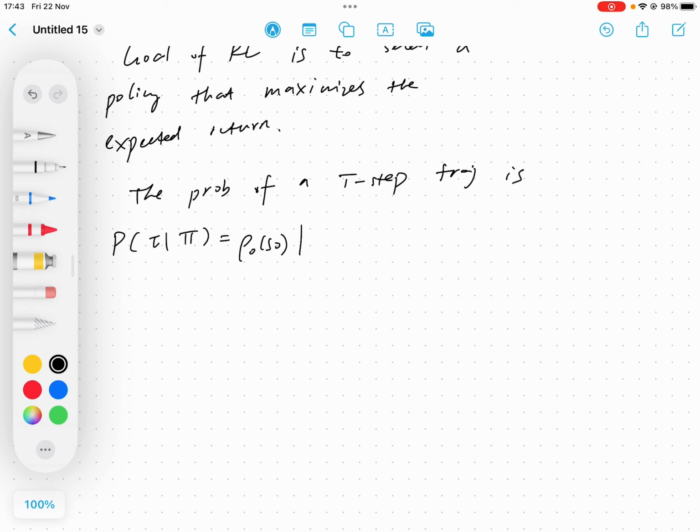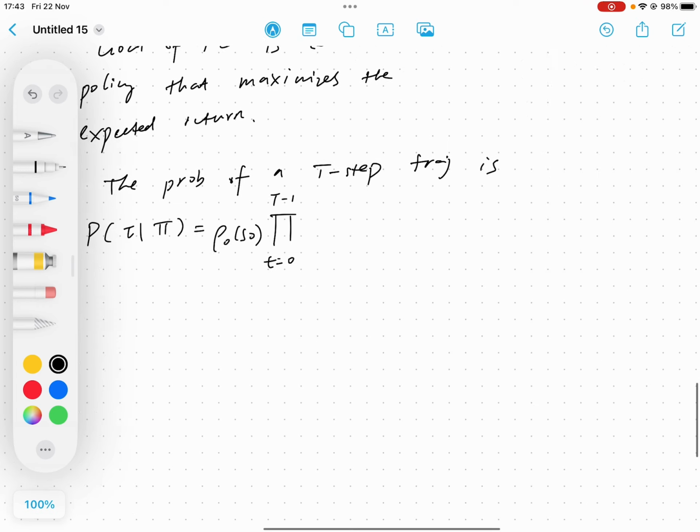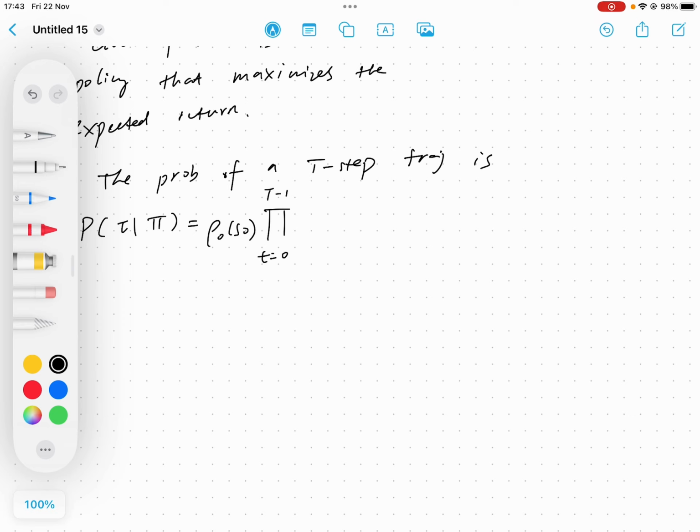Then this is a product from t equals 0 up to T minus 1, because we have 1 before already, right? The probability that we need to multiply will be the joint probability of P of s_t+1 given s_t and a_t, and we also need to multiply the policy.